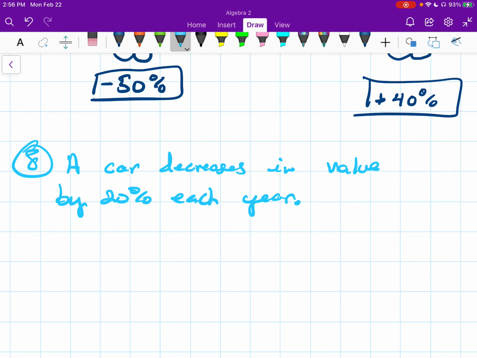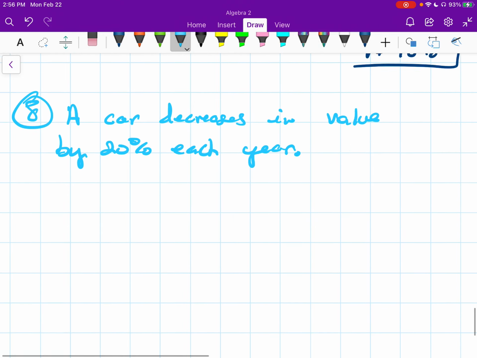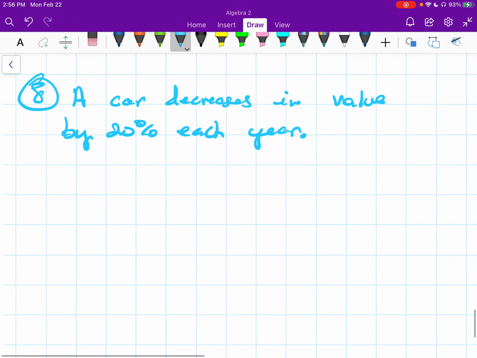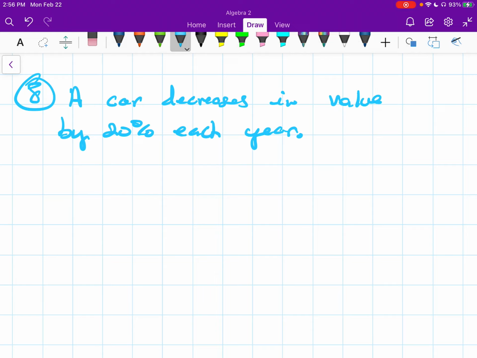This isn't too far off from how much cars actually do decrease every year. I know that in driver's ed, I was told something along the lines of, whenever you drive off the lot with a new car, you lose 40% of the value of the car. And I was like, well, that's kind of true. So a car decreases by a value of 20% each year.